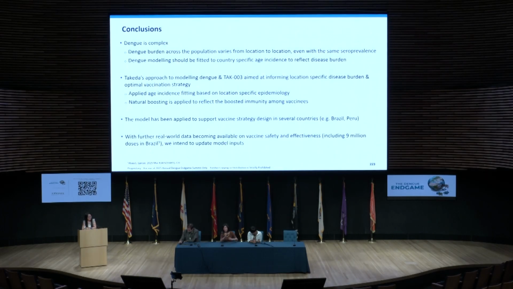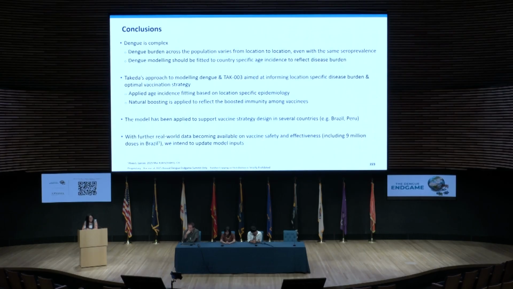This is my last slide, on the conclusions from our modeling work. As I mentioned at the beginning, everybody in the audience is also an expert in dengue, so dengue is very complex. The dengue burden across different populations really varies from location to location, even with the same seroprevalence.